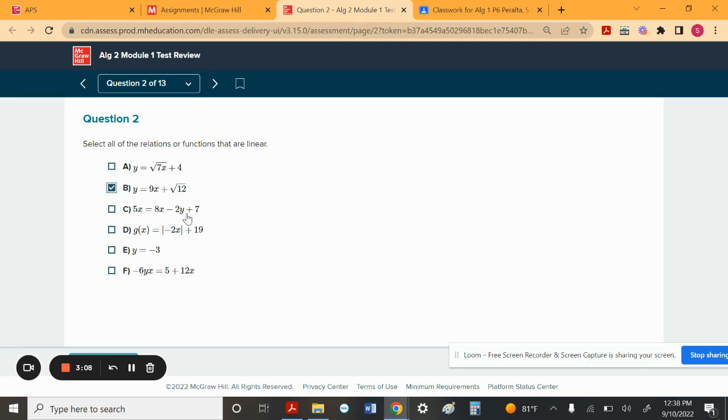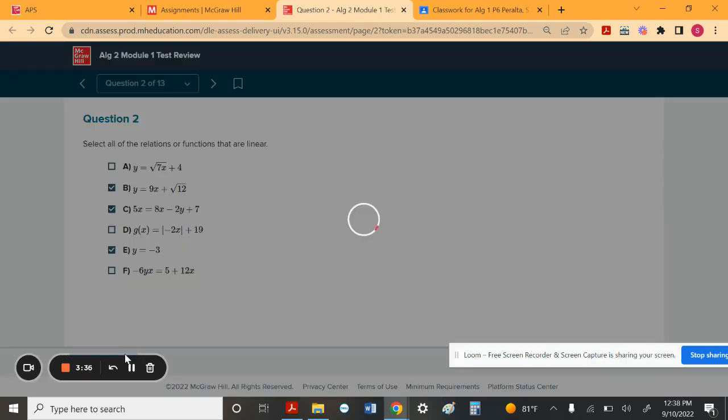Okay, both of the variables here are to the first power, so it's D, even though they're not combined together. Y is to the first power. X is to the first power, however, it's inside the absolute value, and we know the absolute value looks like a V, either going up or going down. Y equals -3 is a horizontal line, so that's got to be a linear function. And then we have these two multiplied together, so those are not linear functions.